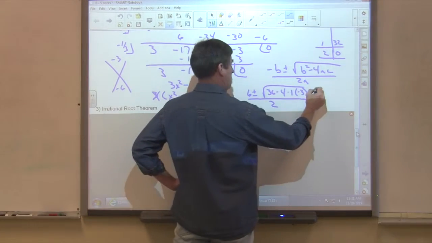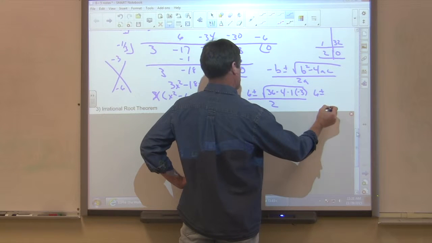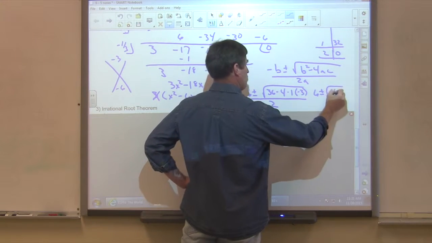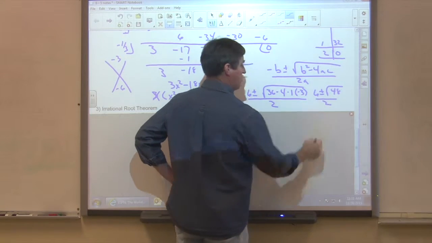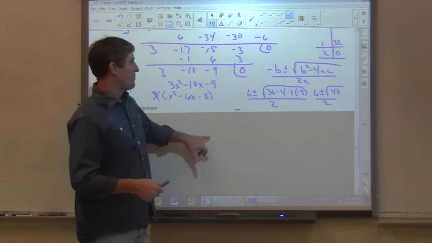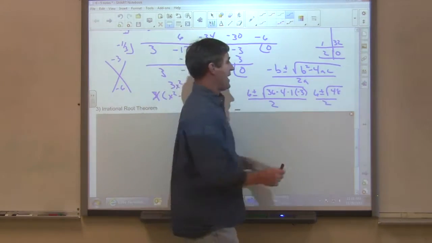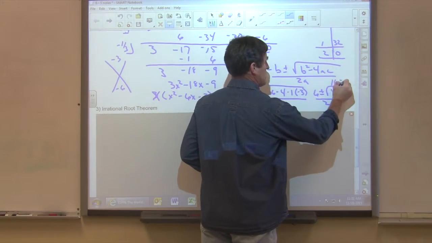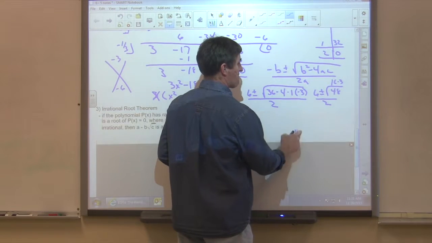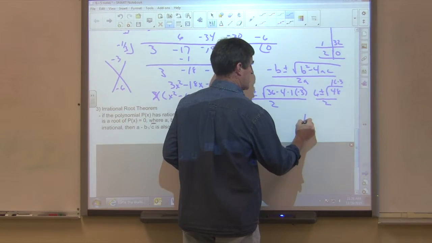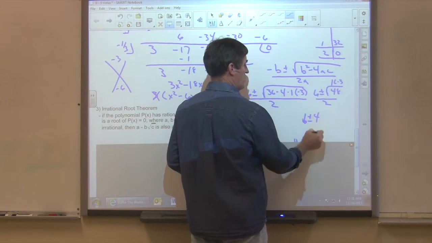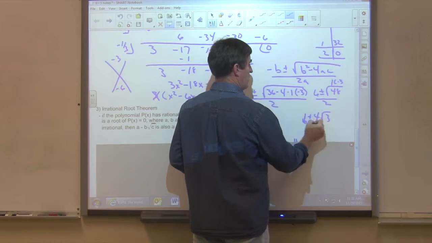So we add 12 and we get 6 plus or minus the square root of 36 plus 12, which is 48, all over 2. And then again, you have to remember, always try and reduce. So with 48, I can break that into 16 times 3. And so I get 6 plus or minus the square root of 16, which is 4, square root of 3, over 2.